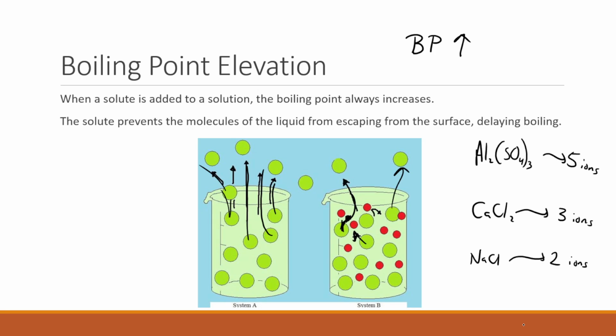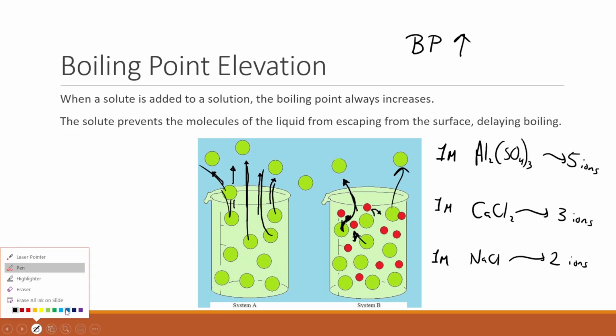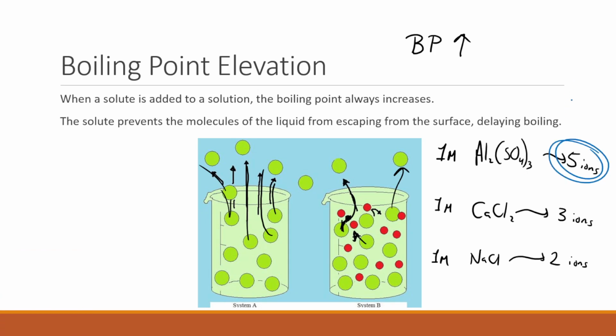If I'm trying to freeze or boil a 1 molar solution of each of these things, the one with the most ions has the highest boiling point and the lowest freezing point. The most effect on this comes from the thing with the most ions.